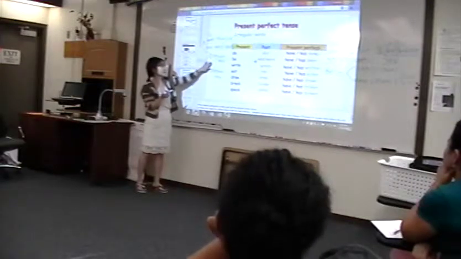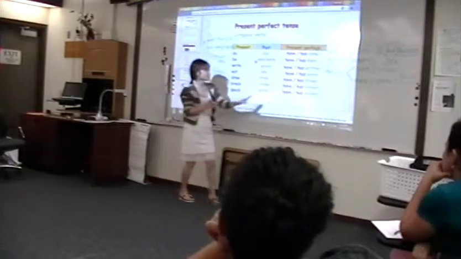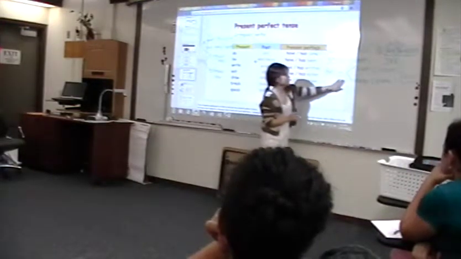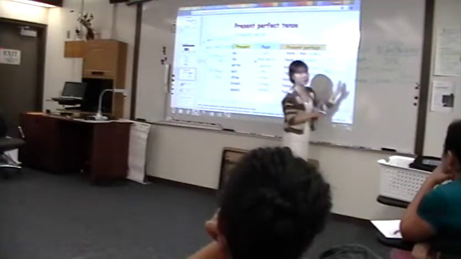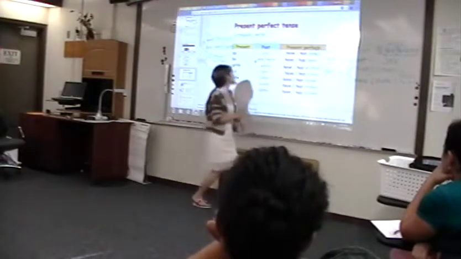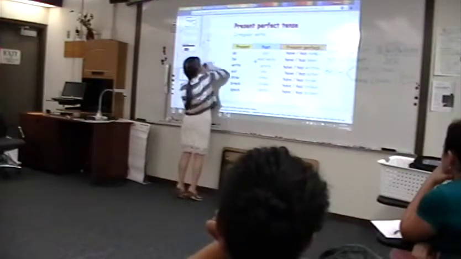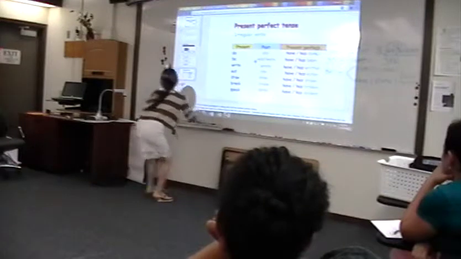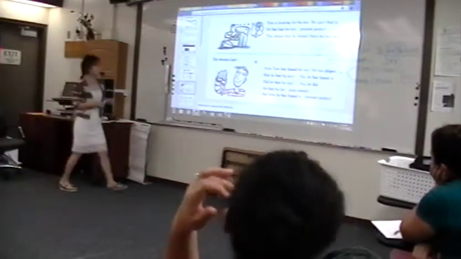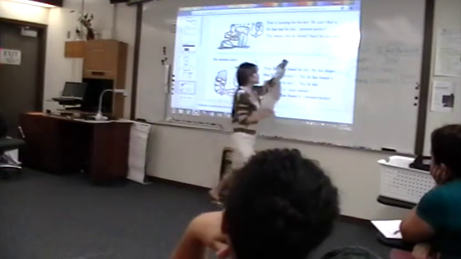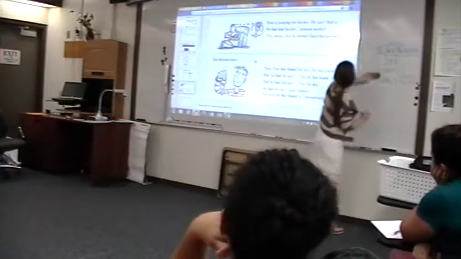It's easier than irregular verbs. Irregular verbs are what we talked about earlier, with three different verb forms like this. Now we're gonna see an example of using present perfect tense and the simple past tense.